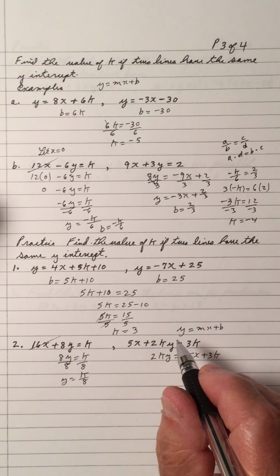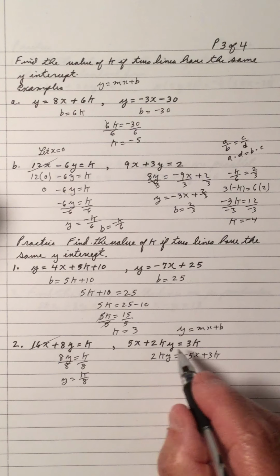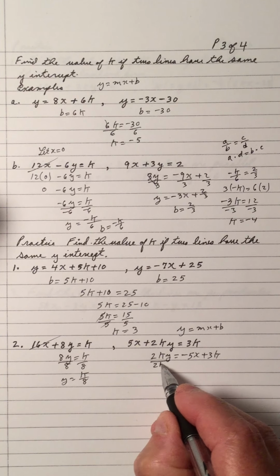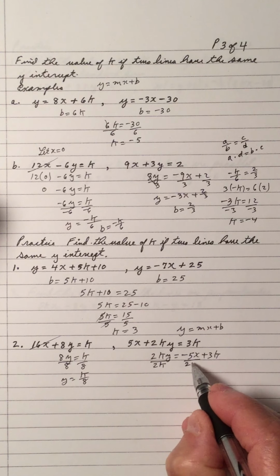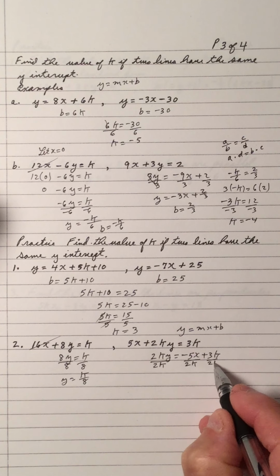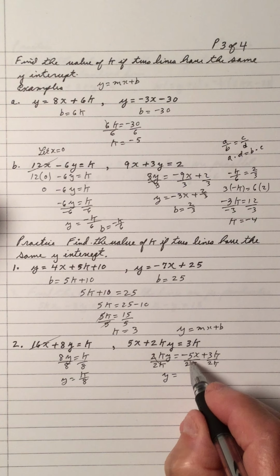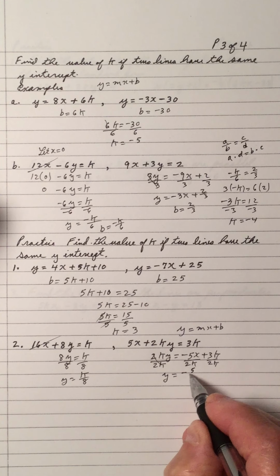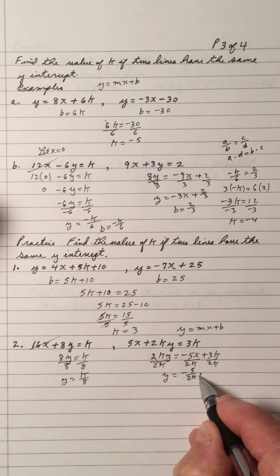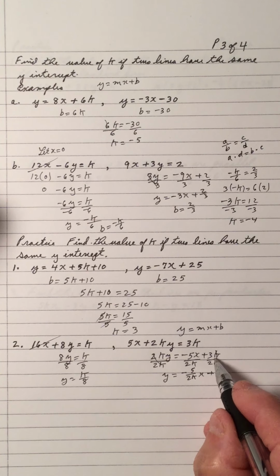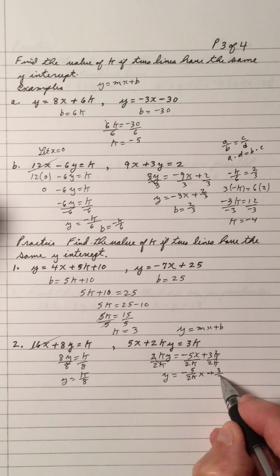And you pick an option, you say, I can do it this way or that way. So solving this for y, I divide all the terms by 2k, and I get a y there, and I get a negative 5 over 2k x. The k's cancel here. 3k over 2k, the k's cancel, and I get 3 over 2.